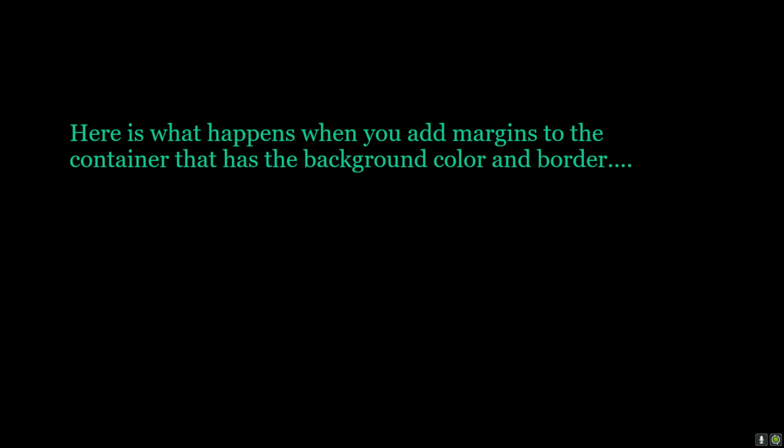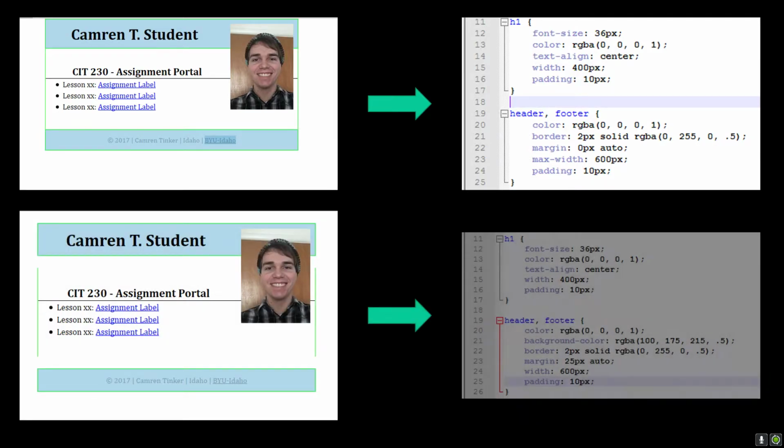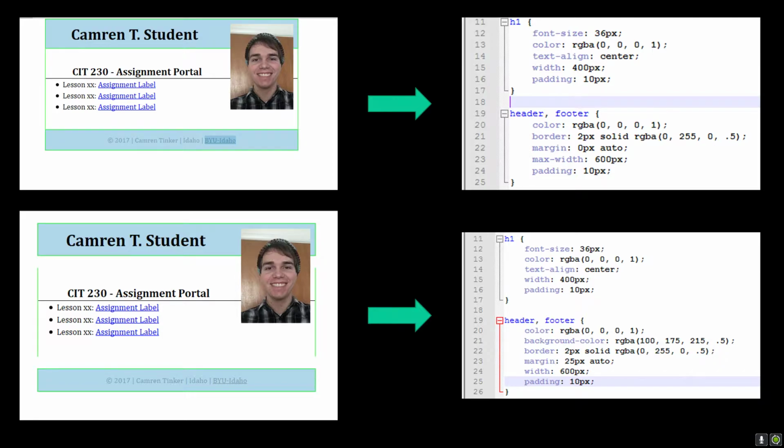And this is what happens when you add margins to the container that has the background color and the border. So here's my site again here on the left. Looks good. Margins and padding and everything looks right. And then here is what happens when you add margins to the header and the footer. As you can see, I've added 25 pixels of margin. You can see that everything's now disconnected.